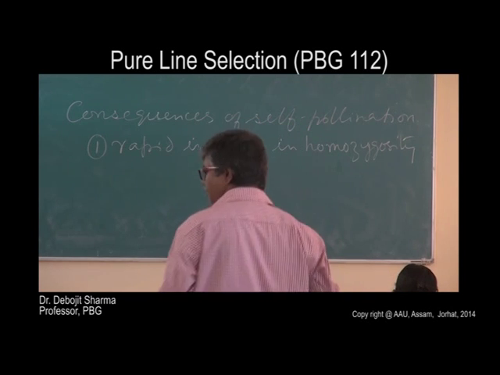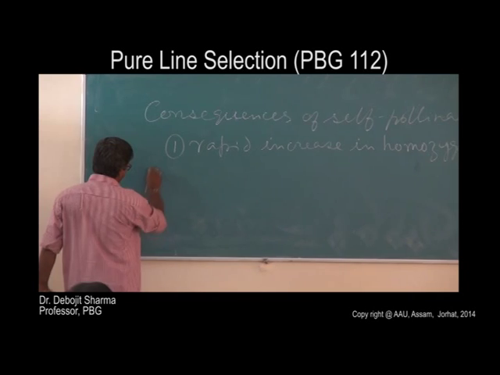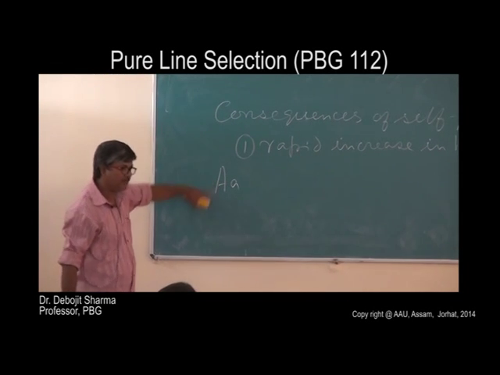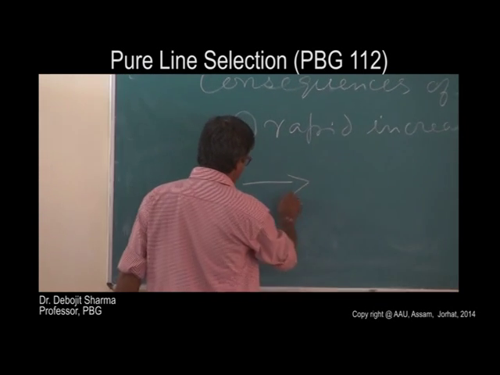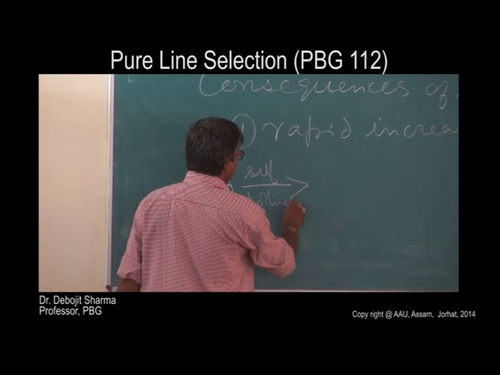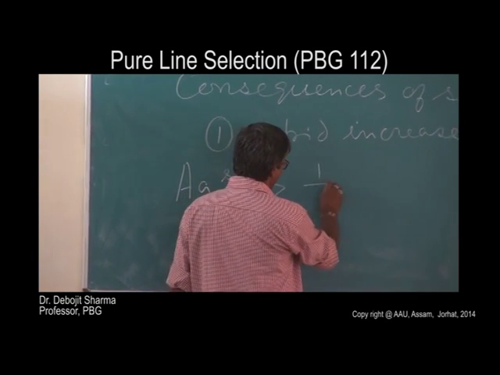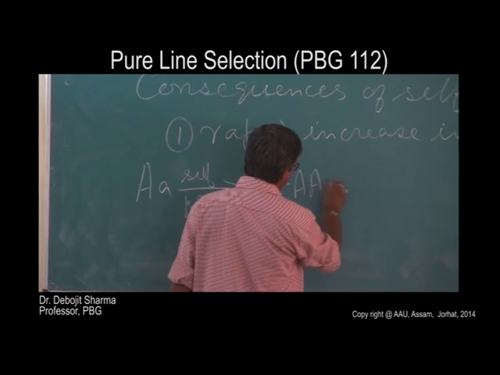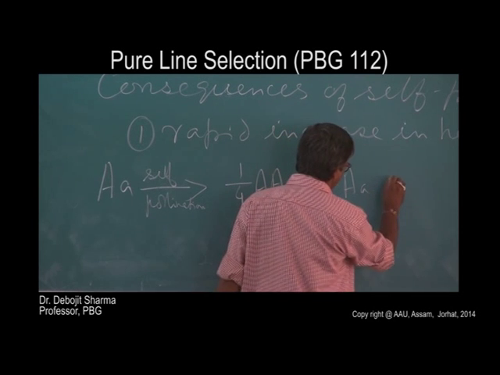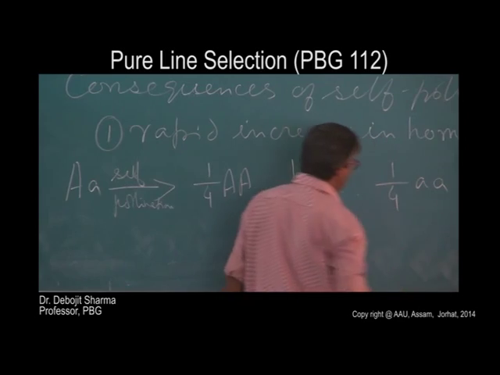If you consider a single locus, this is a heterozygous individual. If you self-pollinate it, then what will happen? There will be 1/4 AA, half Aa, and 1/4 aa.